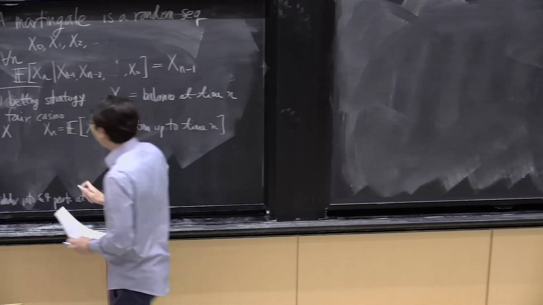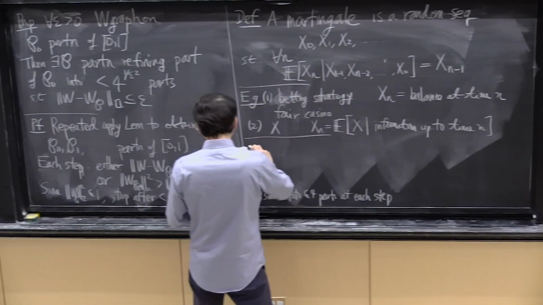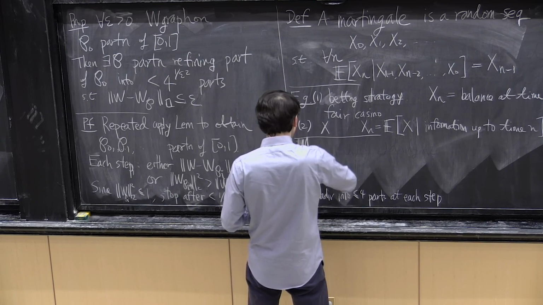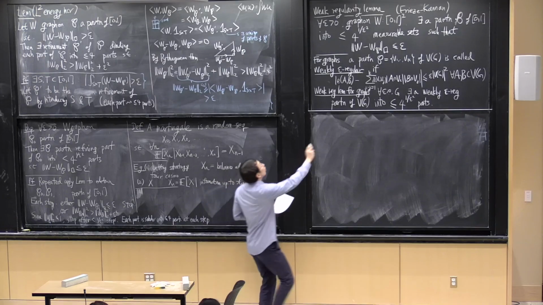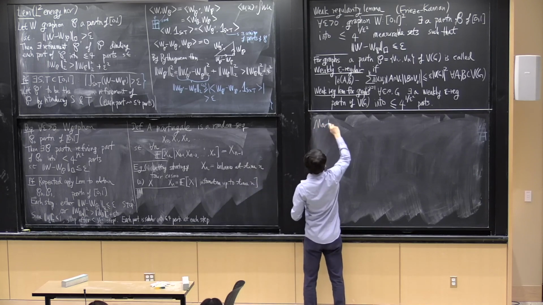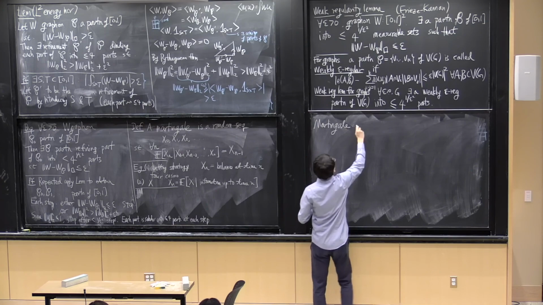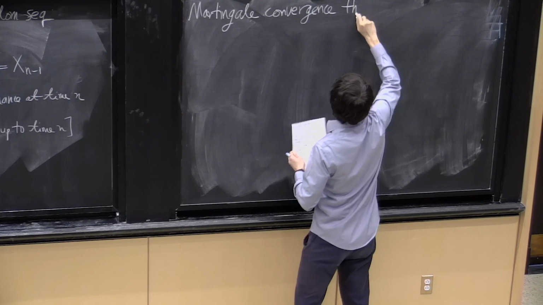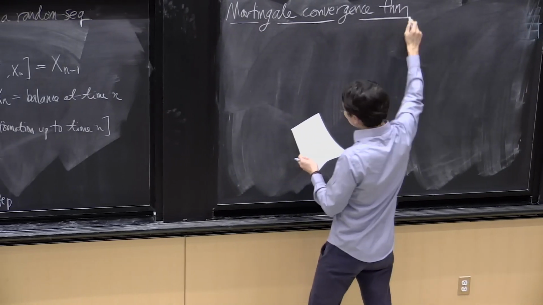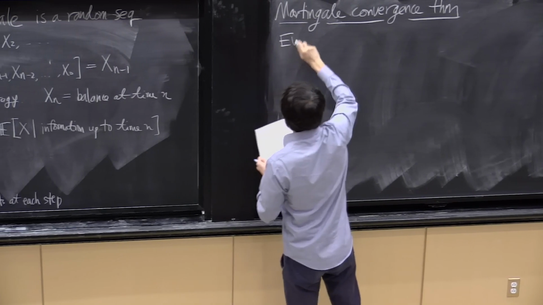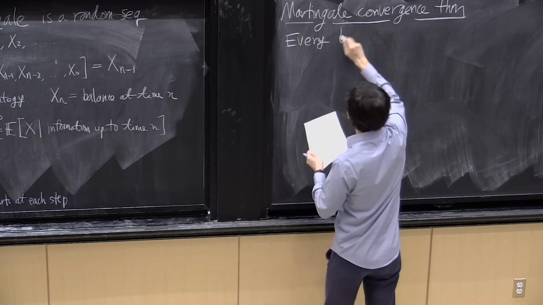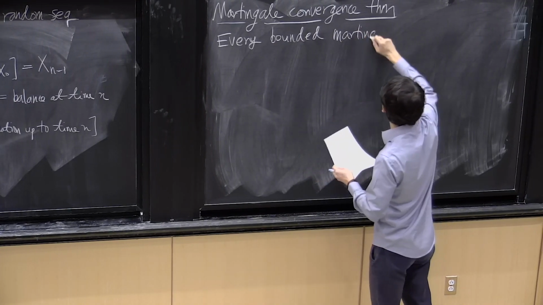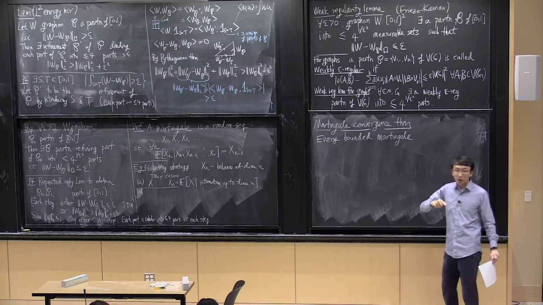An important property of a martingale, which is known as the martingale convergence theorem, and that's what we'll need for the proof of the existence of the limit next time, says that every bounded martingale, so for example, suppose your martingale only takes values between 0 and 1.